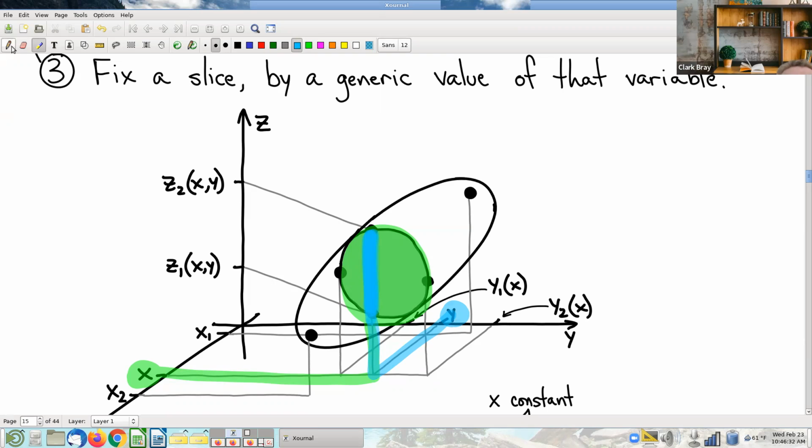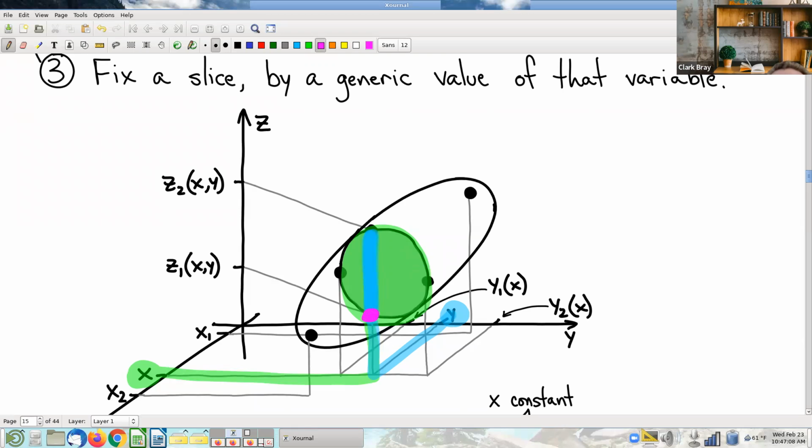And again, don't worry about other points, like what about these points over here? Do I need to think about them as possibly influencing the range of values of z? I will, for other values of y, we'll get there. But we want to know how that range of values of z depends on y. And so we're focusing just on that y slice. And when y changes, we'll get to those points.